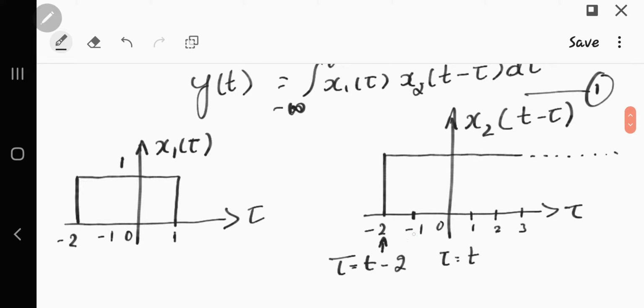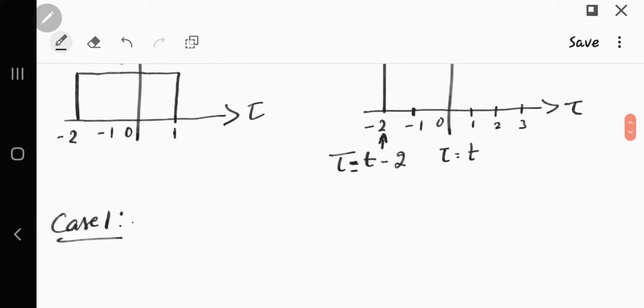This one becomes tau equal to t minus 1, and here it is tau equal to t minus 2. So that is our reference point. Now let's perform convolution. I'll consider case 1.